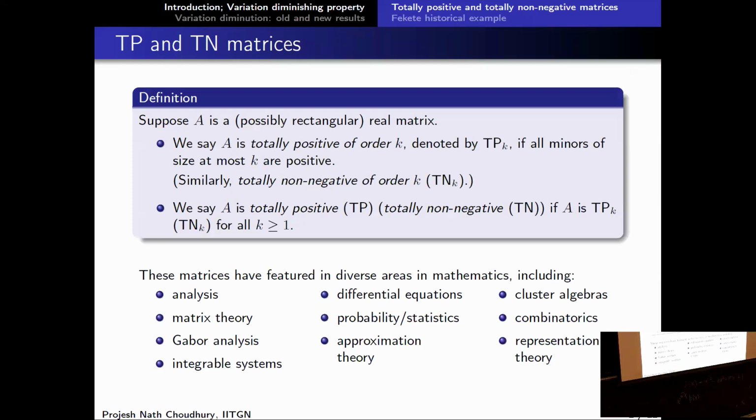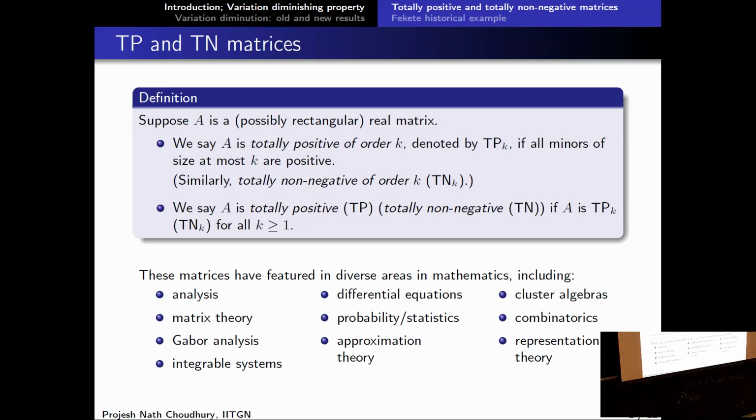Recall that a matrix A is totally positive of order k if all its minors of size at most k are positive. In my definition, totally positive means minors are strictly positive. For any matrix, if all minors of every square size are positive, then we call it totally positive.